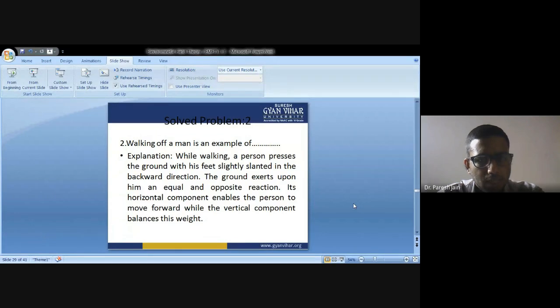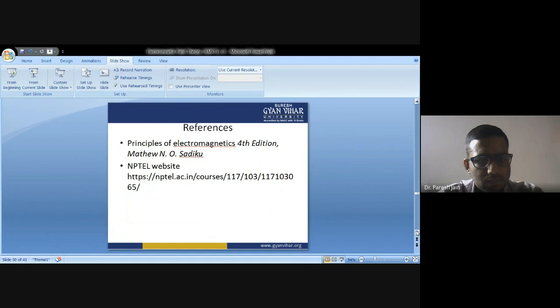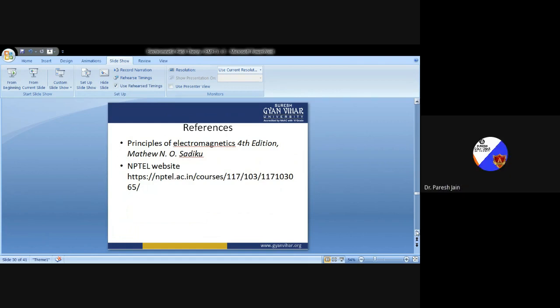The ground exerts upon him an equal and opposite reaction. Its horizontal component enables the person to move forward, while the vertical component balances his weight. These are the references of today's lecture.